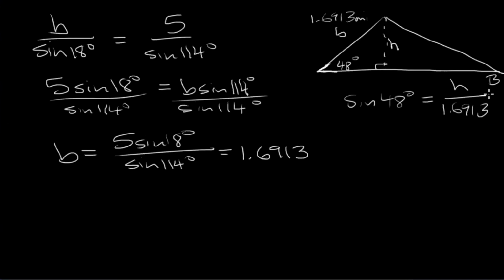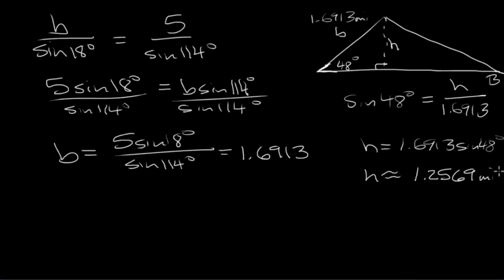And then solve that for h by multiplying that over. And so you're going to have h is 1.6913 sine of 48. And so our answer is going to be approximate because we've already rounded. Okay, and that's in miles. And you could change that to feet if you wanted an equivalent, because usually altitude is measured in feet.